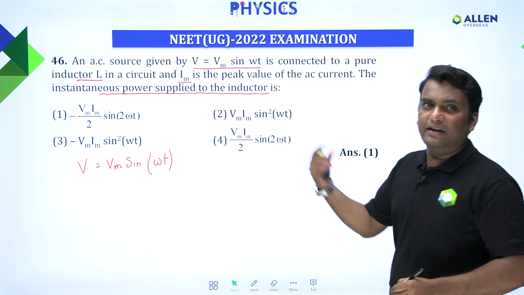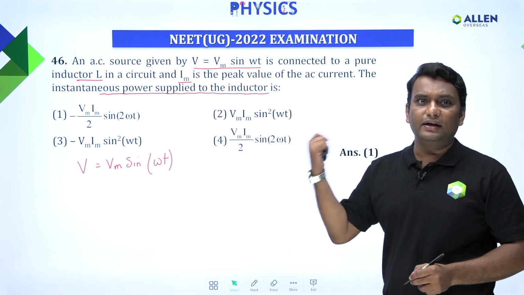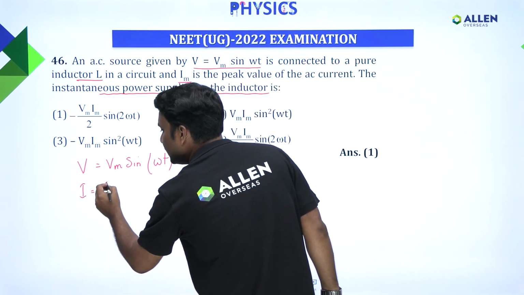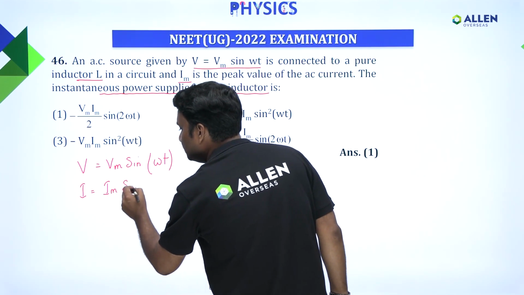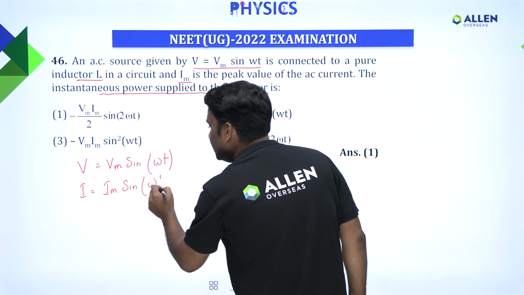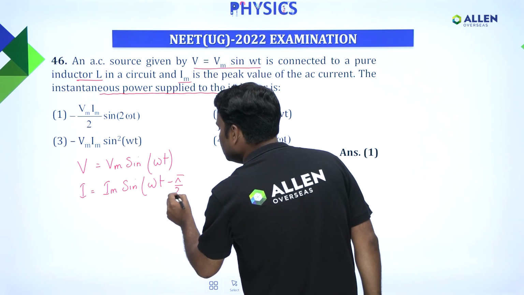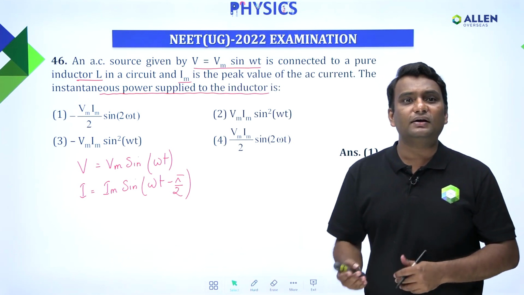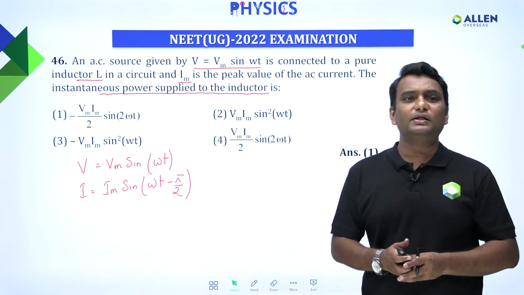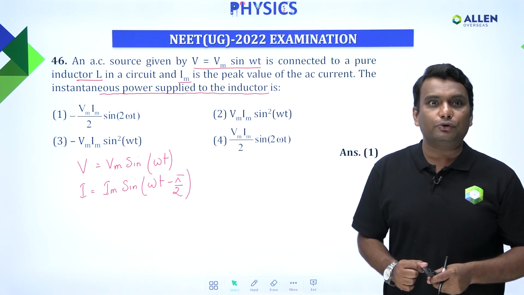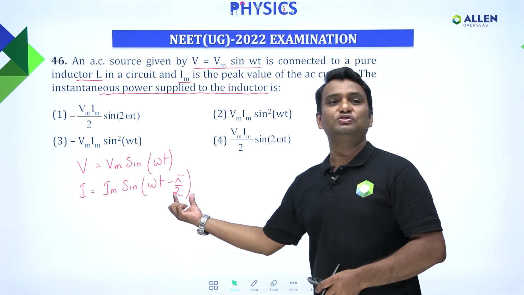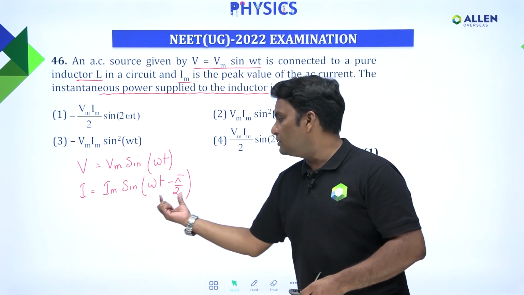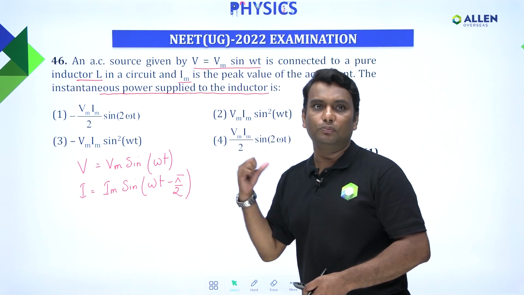If this voltage is being fed into the inductor, then I can say the current, which is going to lag, is going to be Im sine omega t minus pi by 2. Because, again I am repeating the same thing, in case of an inductor, the current always lags behind the voltage by a phase of pi by 2. So this minus pi by 2 is indicating the same, that our current is lagging behind the voltage by a phase of pi by 2.